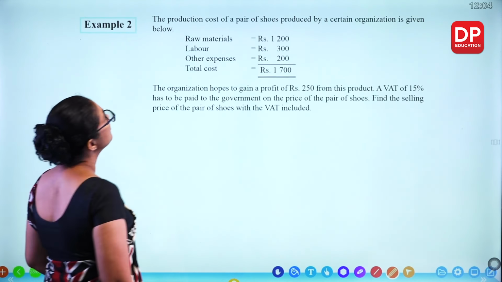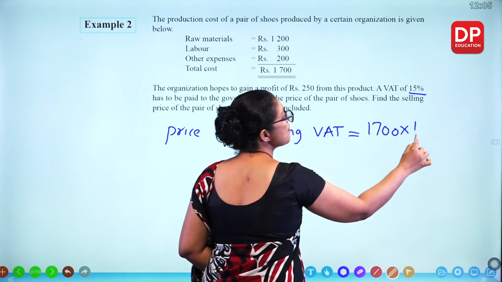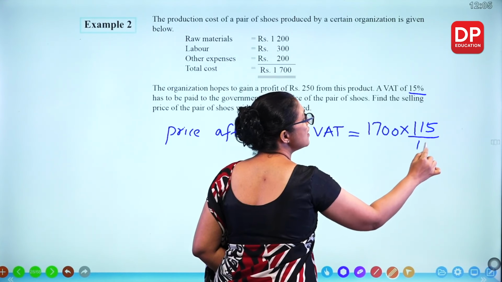Now with the VAT, you need to first find the price after adding the VAT value. So what we do, the total cost is 1,700 multiplied by 115 over 100, as the percentage of VAT is 15%.